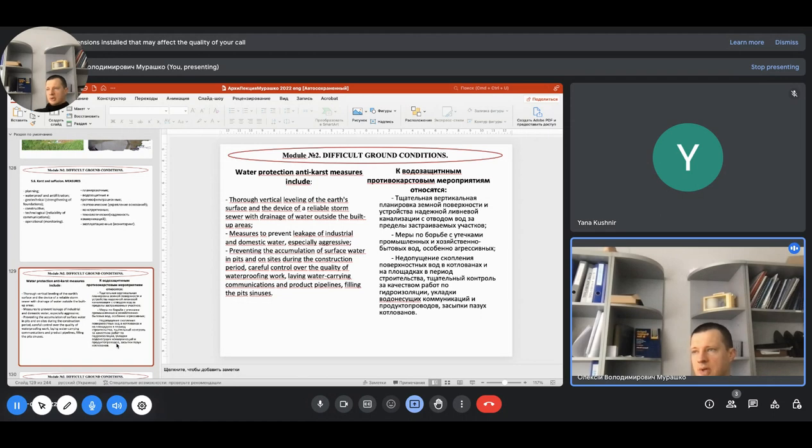And also, we have to prevent the accumulation of surface water in pits and on the site during the construction period. So we have to protect our ground from collecting of water, which can leak underground and create such underground caves and sinkholes.